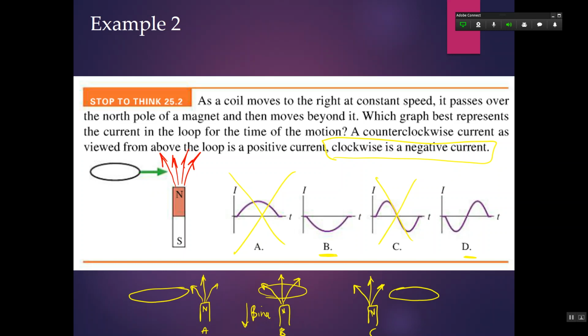Up, exactly. So your B induced here is going to be upward. And if it's upwards direction, is your current going to be clockwise or counterclockwise? Counterclockwise. So it's going to be positive. So there's counterclockwise. So it starts off as negative, and it becomes positive as time goes on. Okay. So the answer would be D.